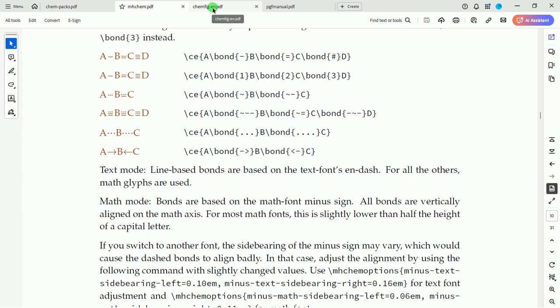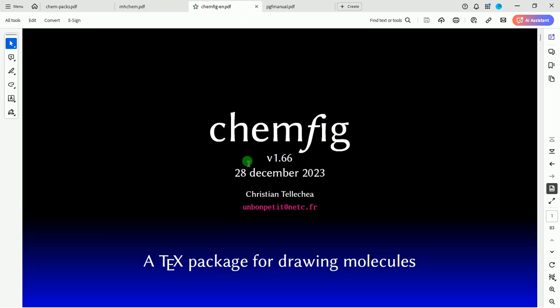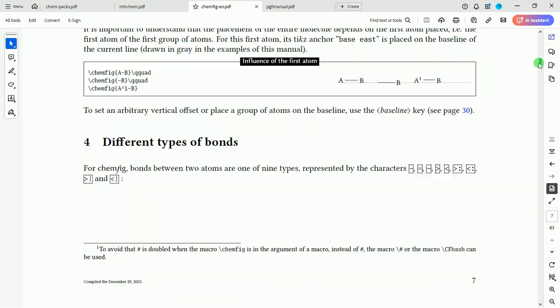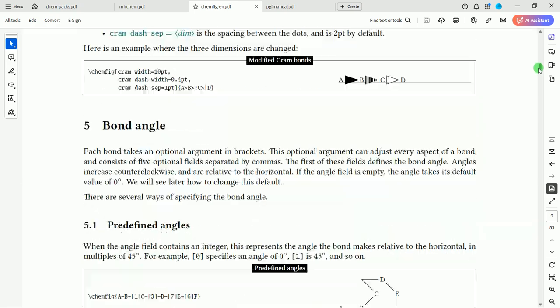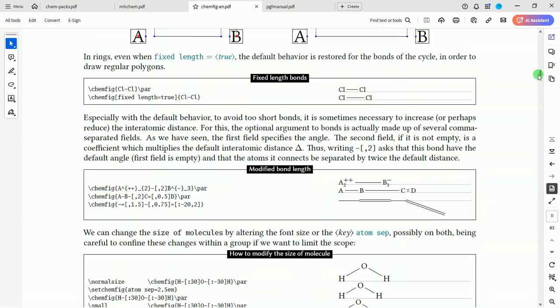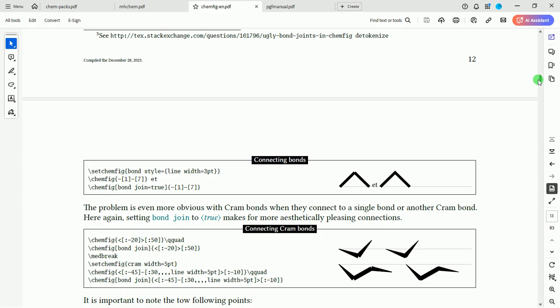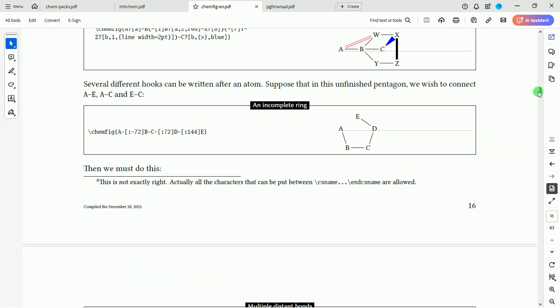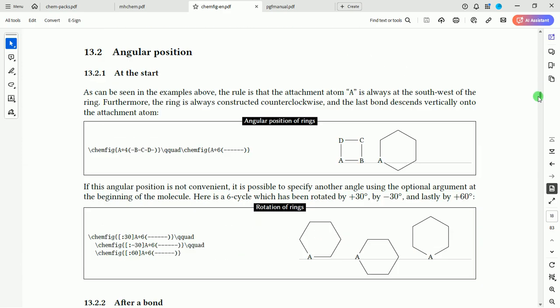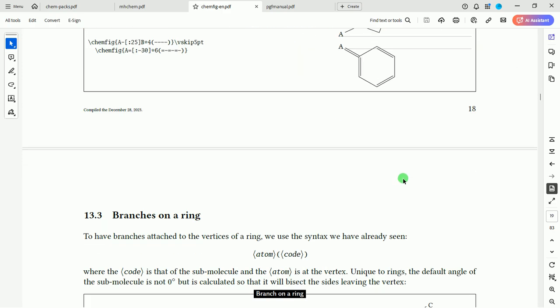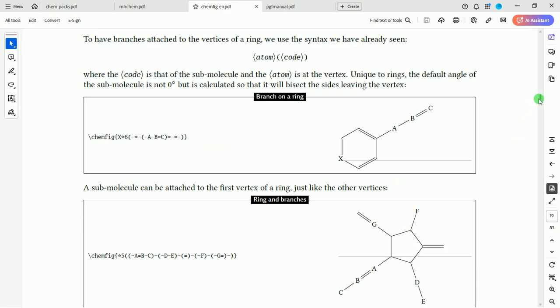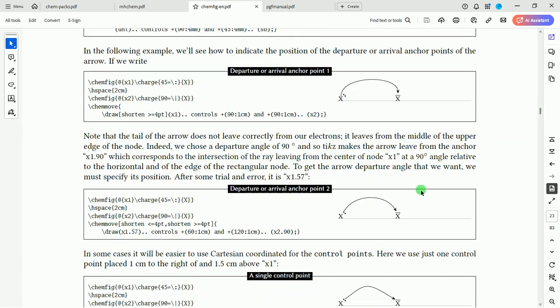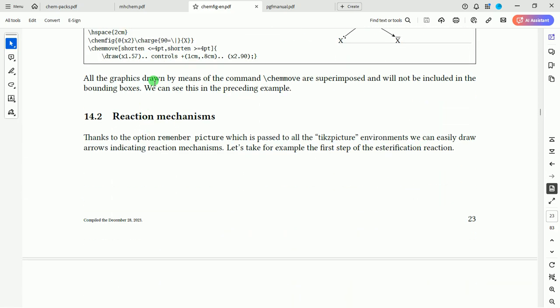The second package that I am going to use is Chemfig package. This also gives some beautiful method for drawing the structures of organic compounds, inorganic compounds, all those complicated structures you can draw using this package.